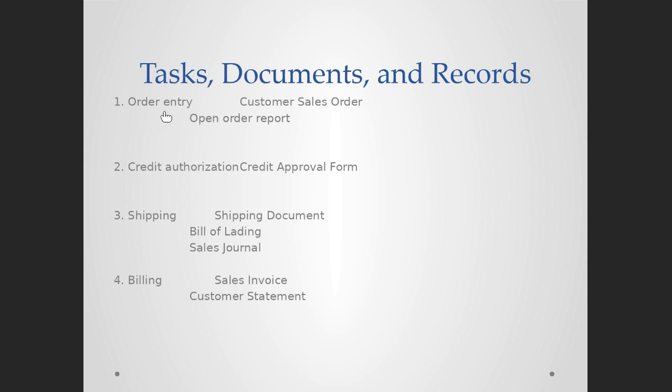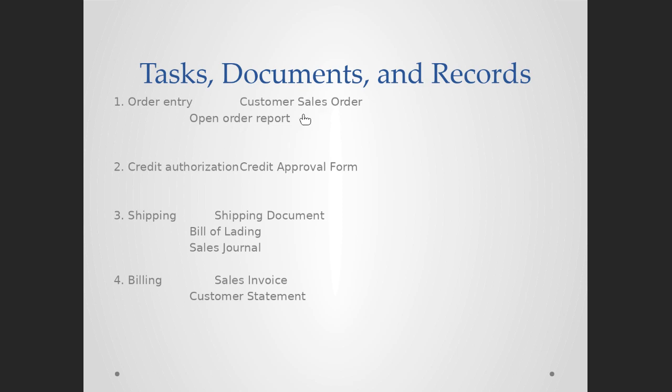So the first thing is the order entry. The customer comes and places an order. Your client enters that order. That is the first step. The first document created is the customer sales order.